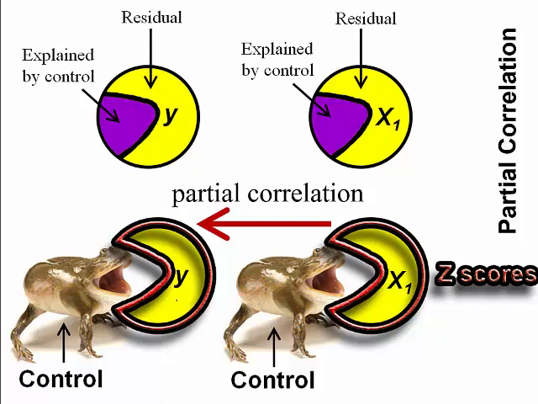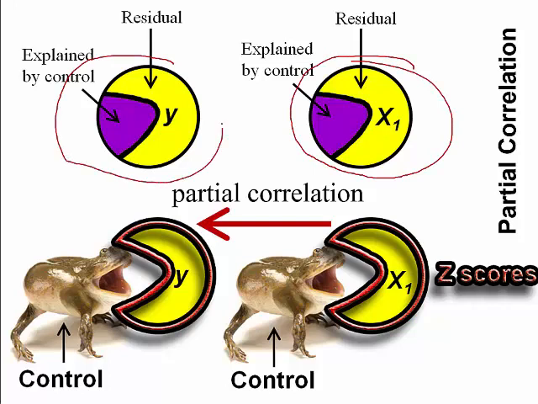With a partial correlation, I'm going to switch the order of things. I'm going to first extract uniquenesses and then turn things into z-scores. So I start off at the top here with unstandardized x and unstandardized y. Nothing's a z-score yet. And I take my hungry frog control variable here. The control variable comes along and munches up, explains everything it can.